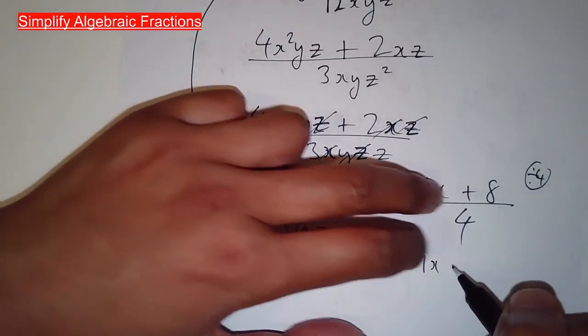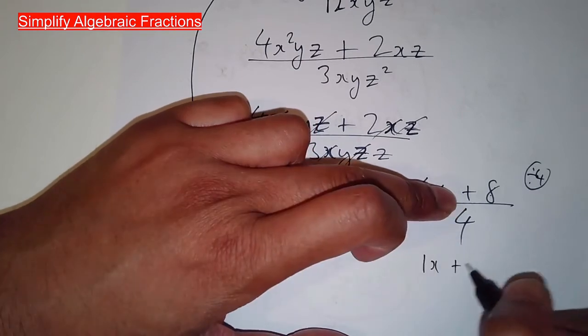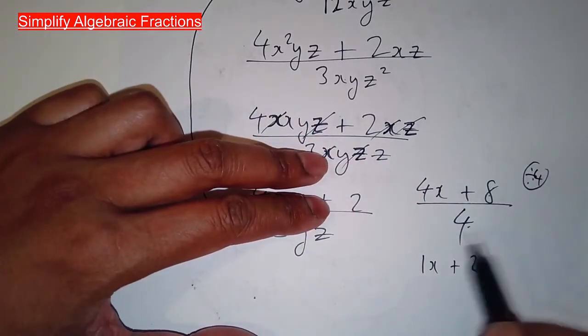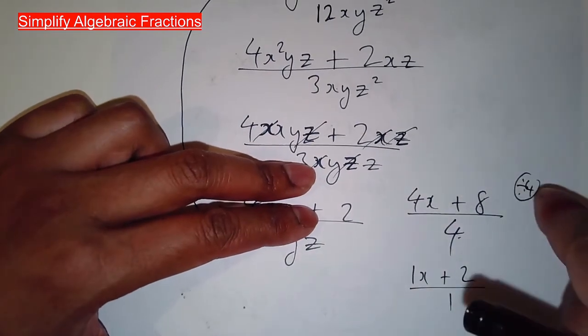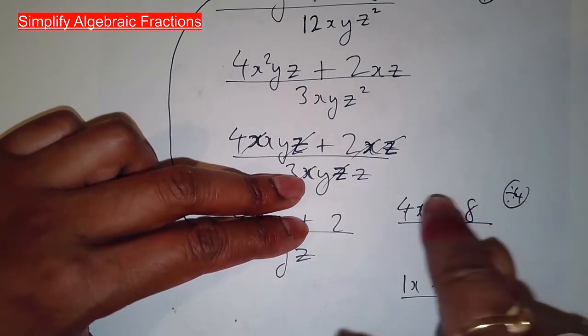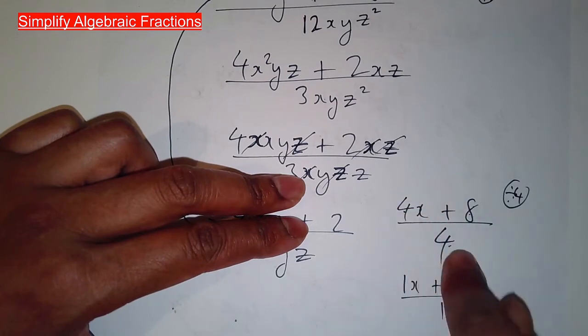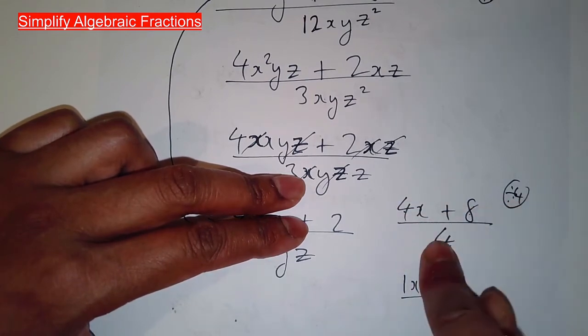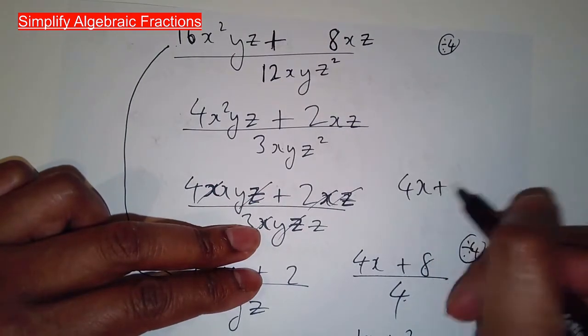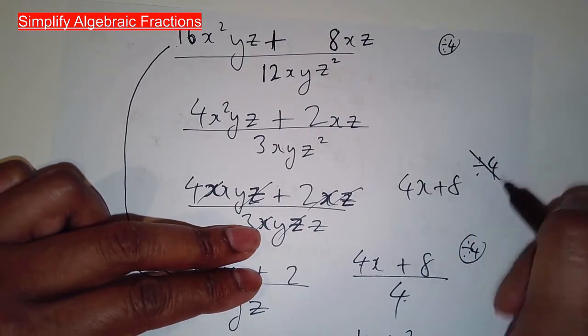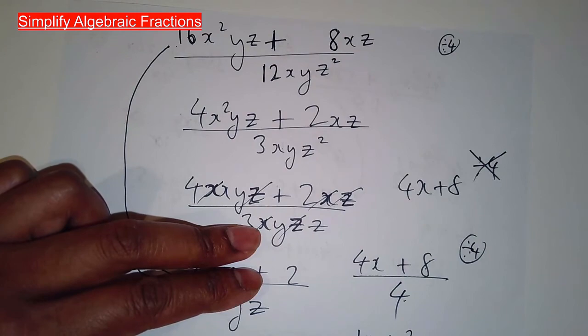Just leave the x as it is. 8 divided by 4 is 2, and then 4 divided by 4 is just 1. You can divide by 4 because it is a fraction. When it's a fraction, then you can cancel. But remember, when it's just as it is like that, do not divide by 4. That wouldn't make sense.